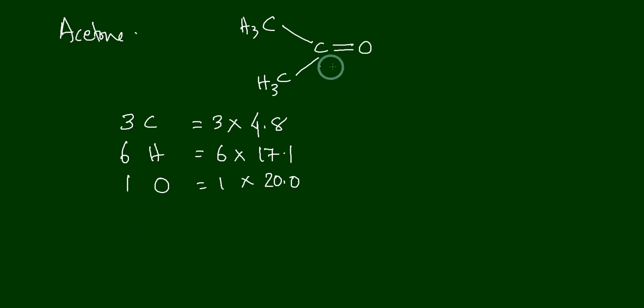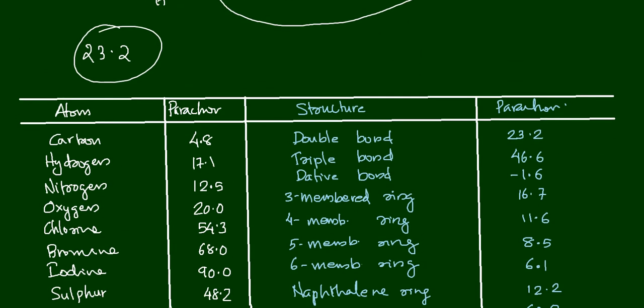Now we have a structural contribution also, because there is a carbon-oxygen double bond. So there is one double bond, and this one double bond will contribute 1 into, what is the contribution from the double bond? We can look into the table. The double bond will contribute 23.2.